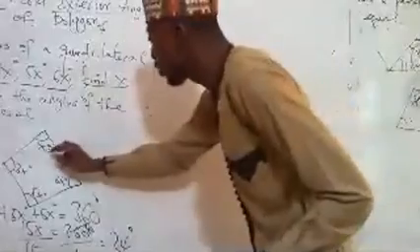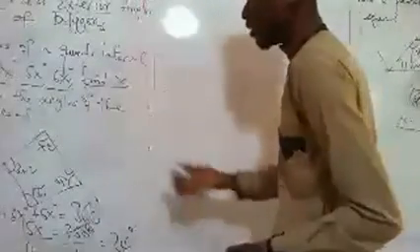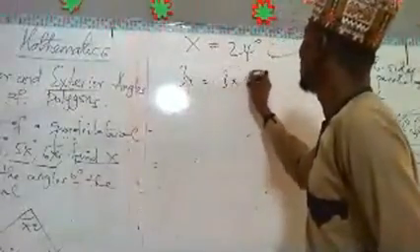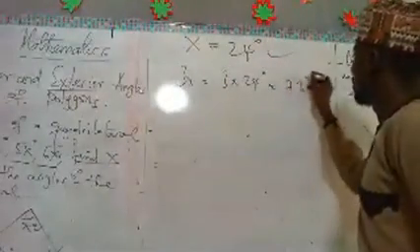Then I'm asking you, you have looked for x, we got this x. Find the angles of the quadrilateral. Angles mean each angle, this one, this one, this one, this one, because x degrees is not an angle, 3x degrees is not an angle. Since we have got x, our 3x will be 3 times 24, and that will give us 72 degrees.